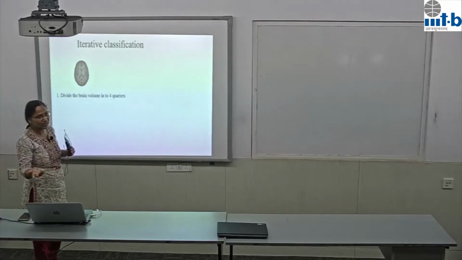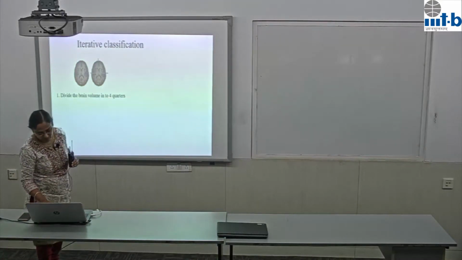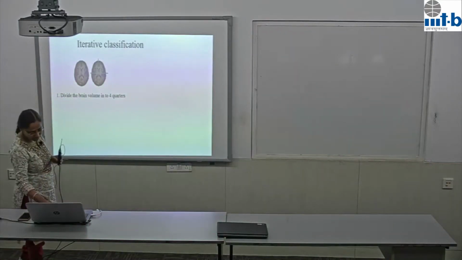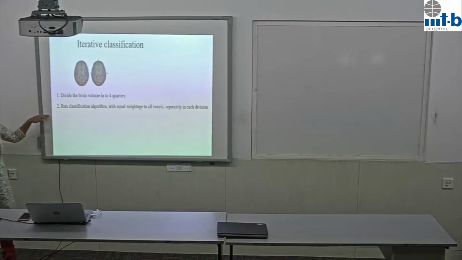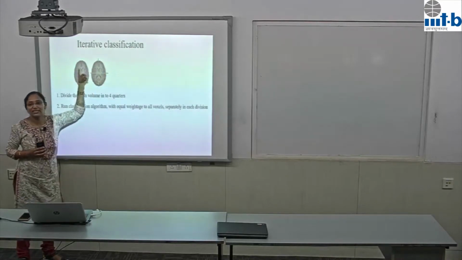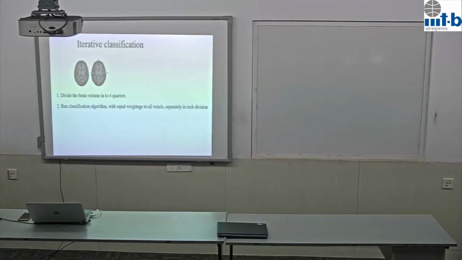It could have been 8, it could have been 2. We just happened to choose 4 quarters. So now the entire volume is divided into 4 quarters. You run a classification algorithm, any classification algorithm of your choice, with equal weightage to all of the voxels separately in each of the divisions.